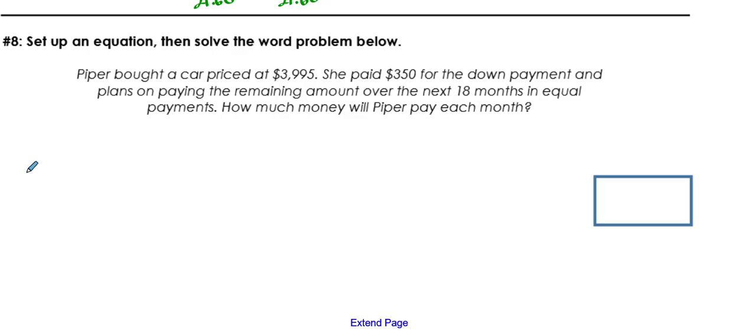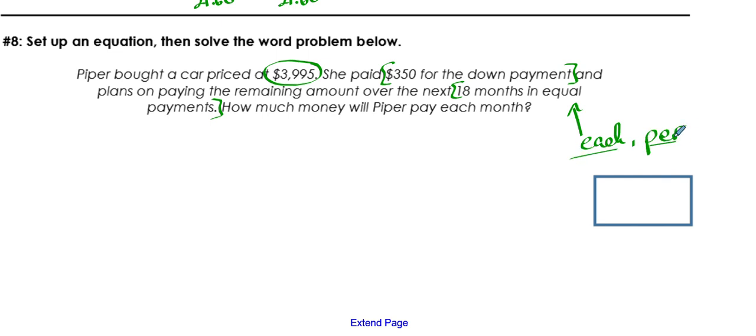Same idea. We're going to set up an equation and then solve it to solve the problem. Piper bought a car priced at $3,995. She paid $350 as a down payment and then plans on paying the remaining amount over the next 18 months in equal payments. Equal payments, the word each, the word per, all of those mean the same thing.